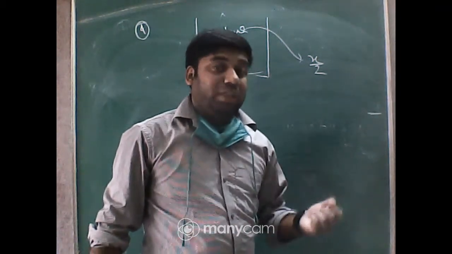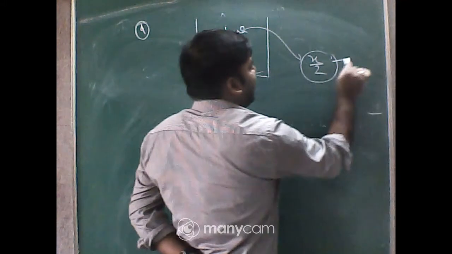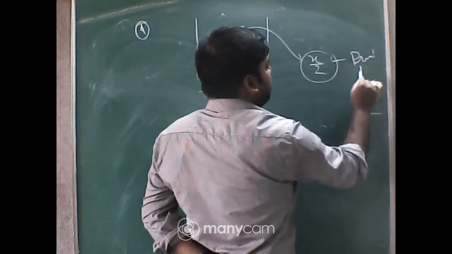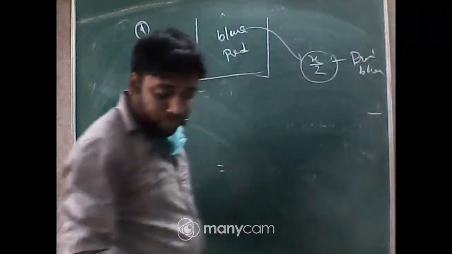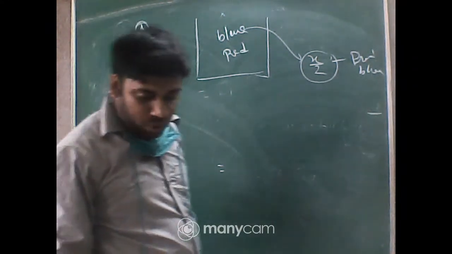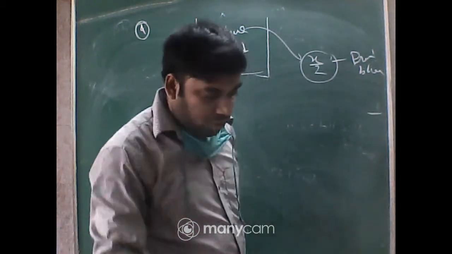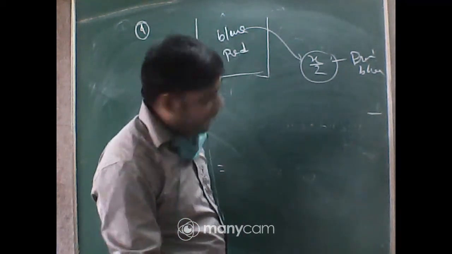A ball is drawn, and the probability of the red ball is x by 2. That x by 2 means the probability of the red ball. Now, the question is, find x.